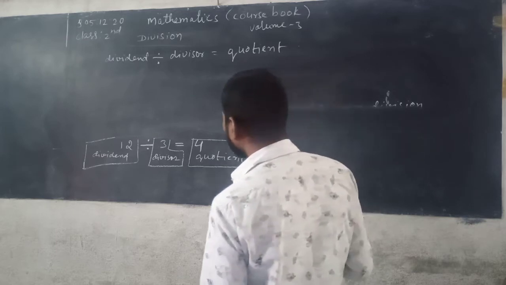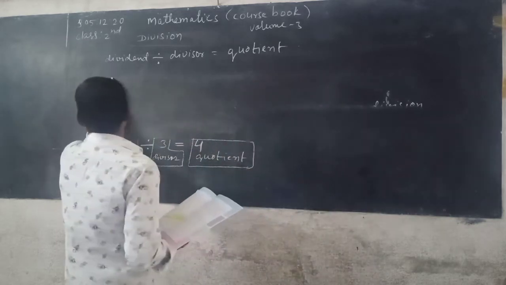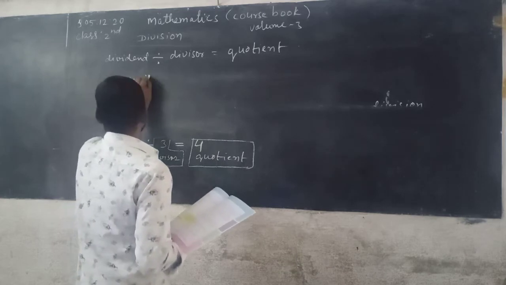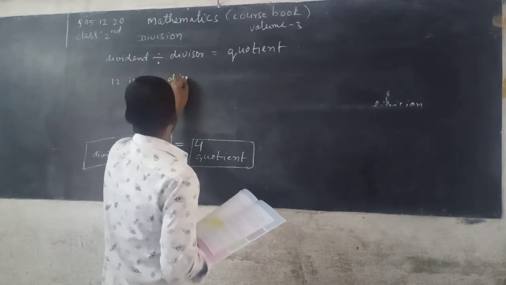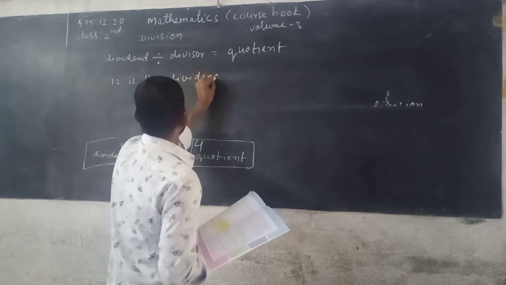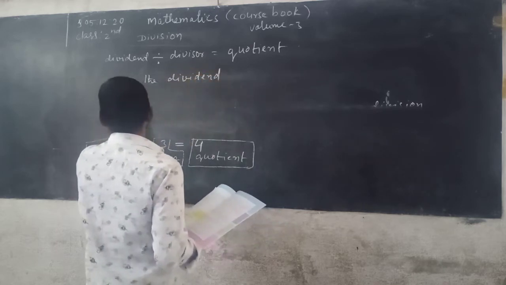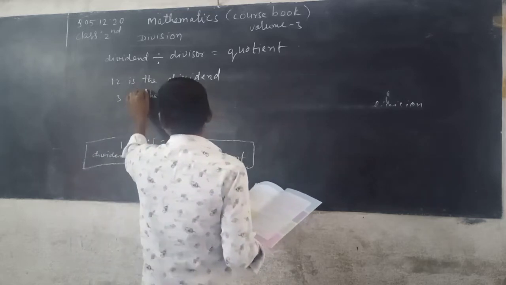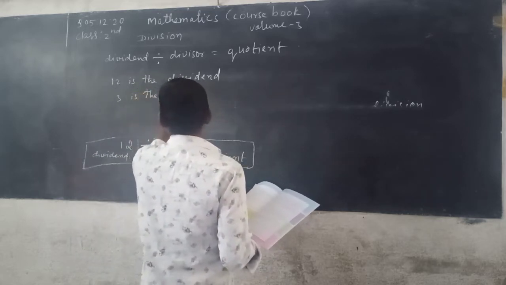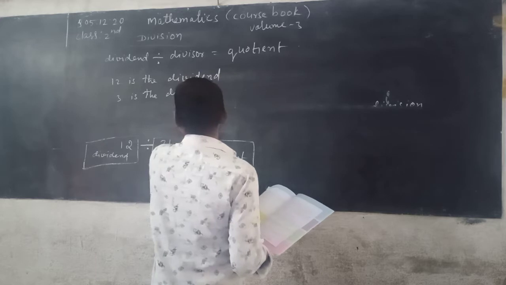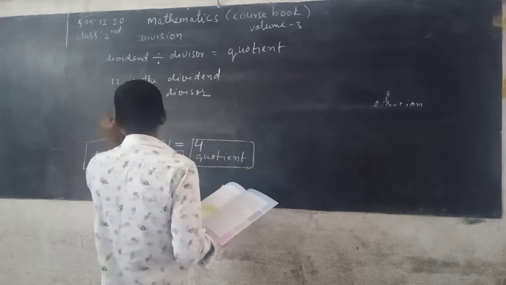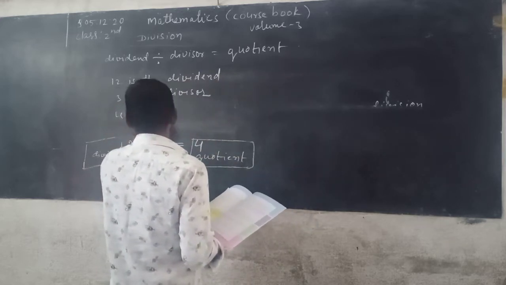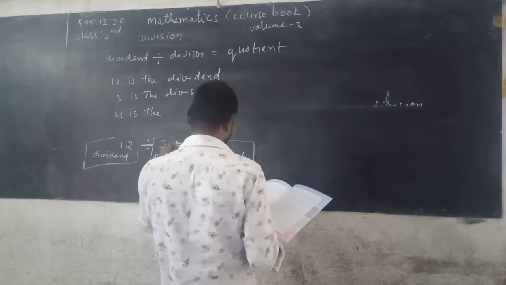Okay, see here, 12 is the dividend, 3 is the divisor, 4 is the quotient.